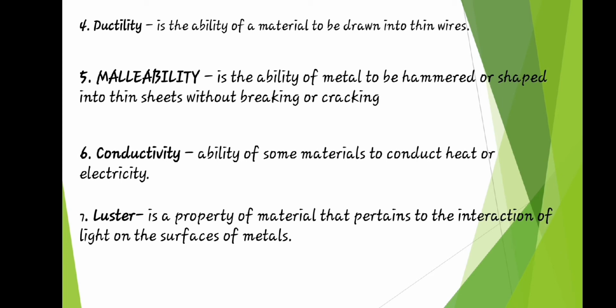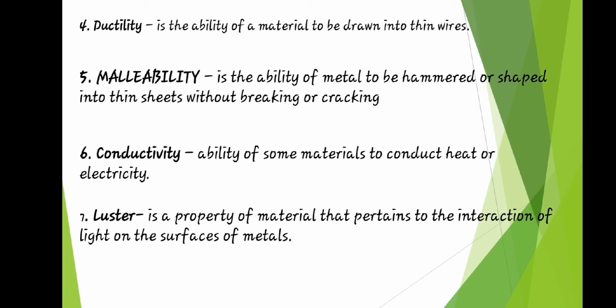Aside from ductility, we also have malleability. Being malleable is the ability of a metal to be hammered or shaped into thin sheets without breaking or cracking. To explain it further, it is the property of a metal to deform under compression and take on a new shape.